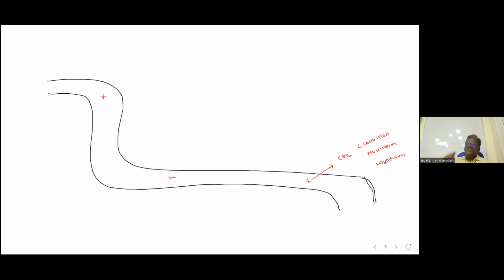These areas are called: one is called a dead leg. It is within a circuit, but it can have a different corrosion rate, right? So we have to monitor it separately. Second one is called an injection point. Third one is called a mixing point.